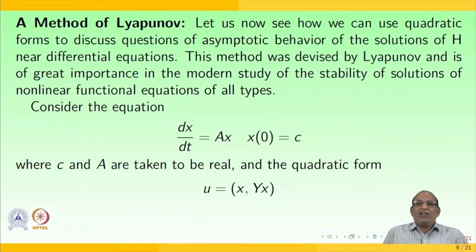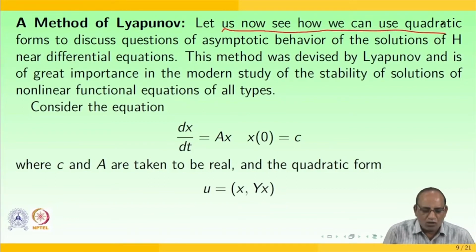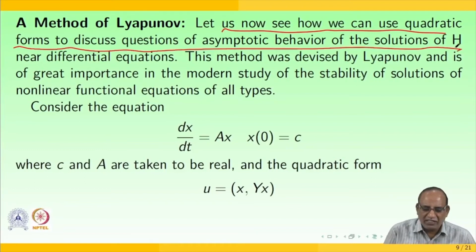And all of you know very well that when you talk about matrix stability, the first and foremost thing that comes to our mind is the method of Lyapunov stability. Let us now consider how we can use quadratic forms to discuss questions of asymptotic behavior of the solutions of linear differential equations.